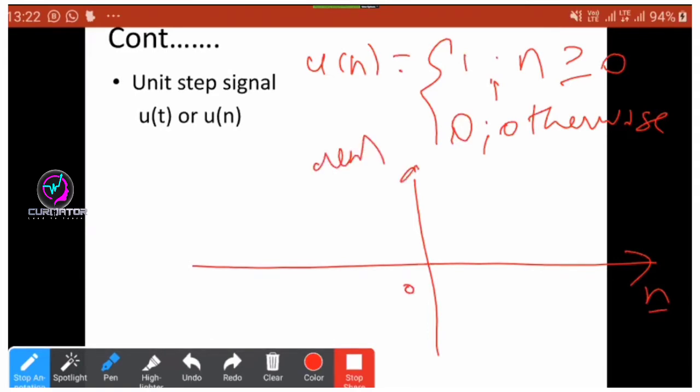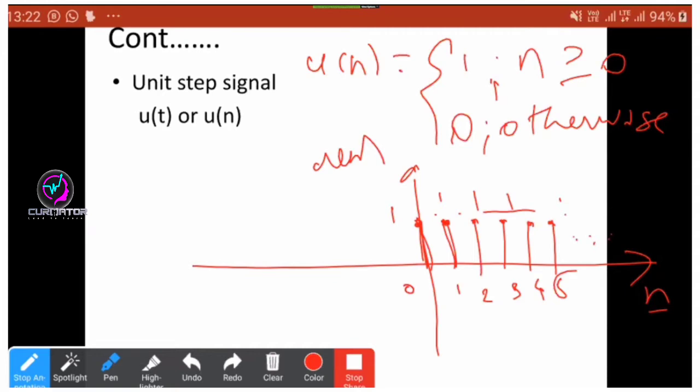As I mentioned in the continuous time signal, for all positive values of n, the value of u of n will be 1. But it won't be continuous here in a discrete time signal. It will be like a stem plot, discretized like this. But all of its values are 1, 1, 1, 1. I hope you understood this.